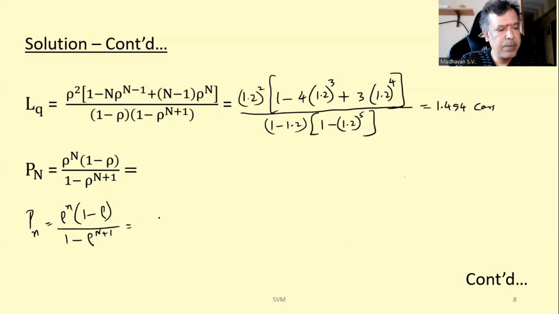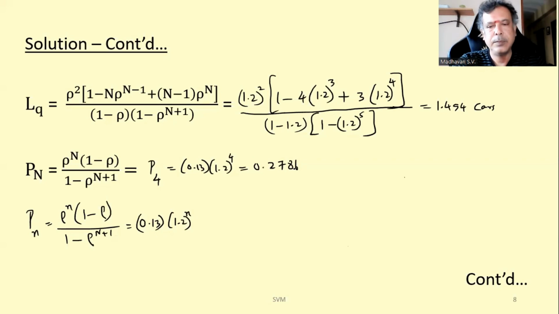So if we substitute the values, we will have 0.13 times 1.2 to the power of n. So that means our P suffix n will become now P suffix 4. That will be 0.13 times 1.2 to the power of 4. If we calculate this, we will get 0.2786.